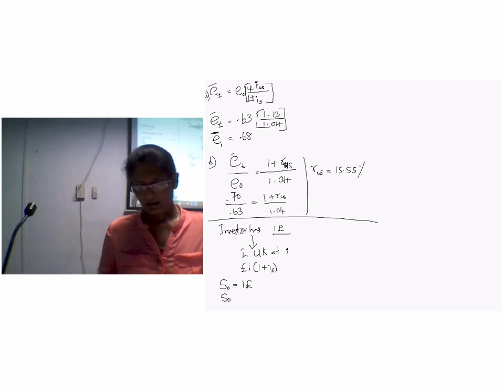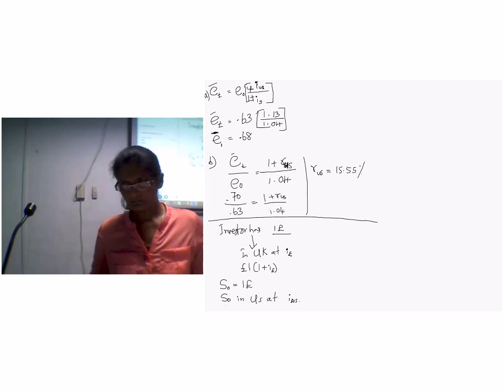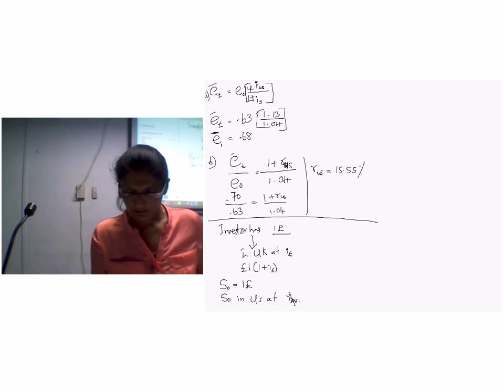This dollar amount he can invest. He converted this 1 pound to dollars, and now he is going to invest it in the US at the dollar interest rate, okay?